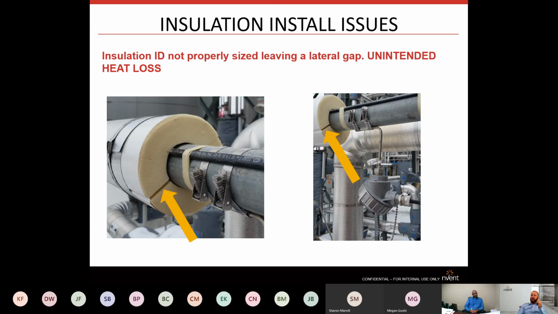So in the bottom left, actually both of these, you'll see what happens when you basically don't oversize it and it's just one run. You can't get the insulation to properly close around that pipe. It's designed to seal up real nice and neat and keep all that heat in. Right there, on the entire length of the pipe, you're going to have heat energy rushing right out of that. So it may seem minimal, but that is a big heat loss.